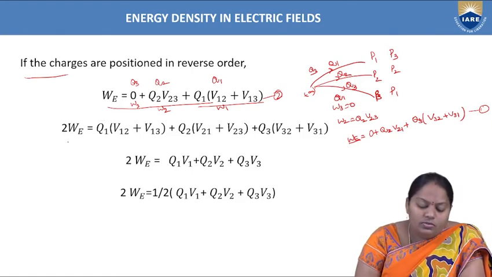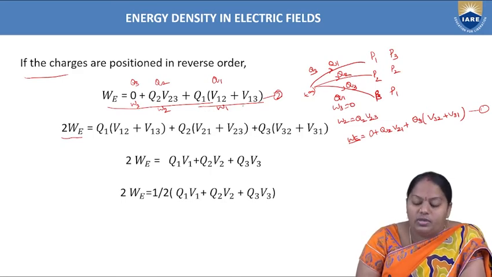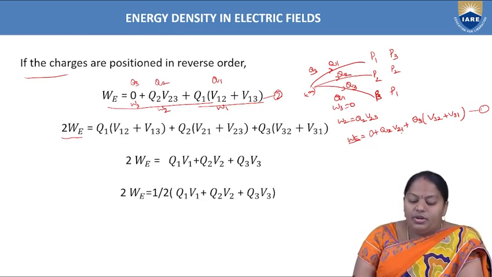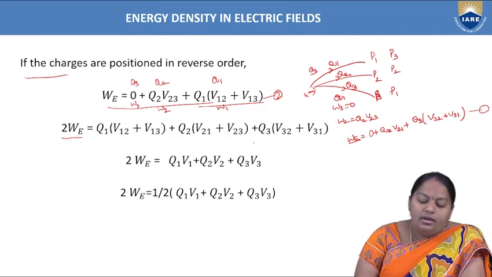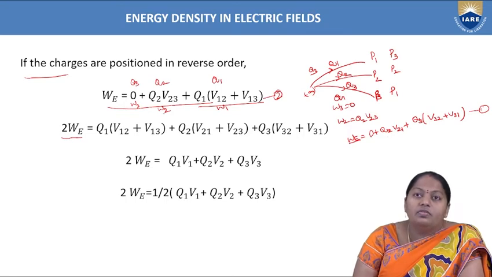So 1 plus 1 becomes 2, hence 2WE equal to, adding the first one to this, Q1 into V12 plus V13, and from equation number 2 the Q1 term is given by Q1 into V12 plus V13. And from here, Q2 into V21 is the ascending order W2, and if positioned in the reverse order, W2 is given by Q2 into V23.